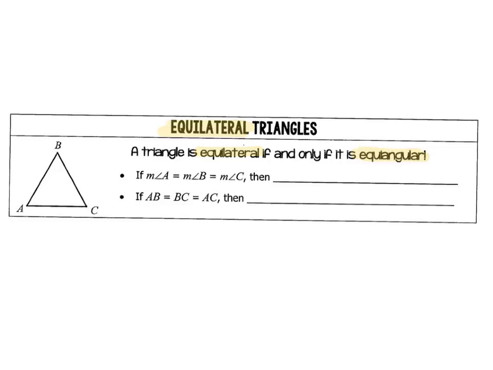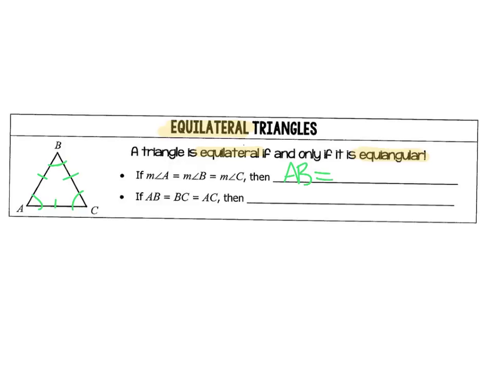If the measure of angle A is equal to the measure of angle B and it's equal to the measure of angle C, then we can say that AB is congruent to BC is congruent to AC. We don't put that little line on top if we're saying the measure.